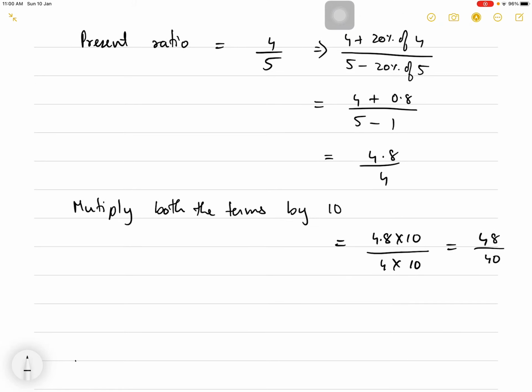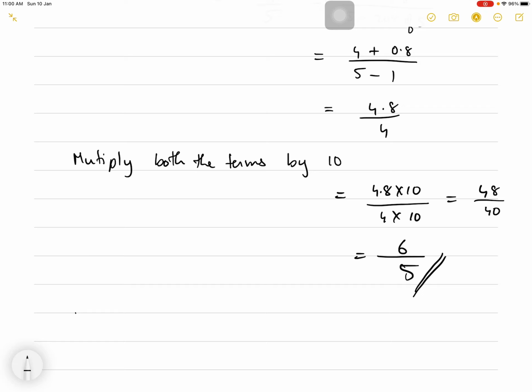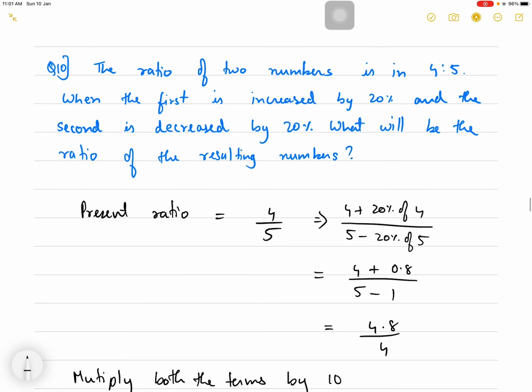So 48 by 40, how can I simplify? 8 6s are 48 and 8 5s are 40. So now when you simplify it, it comes to 6 by 5. So the ratio is 6:5. So 6:5 is the answer.